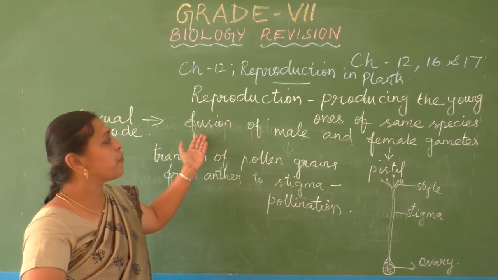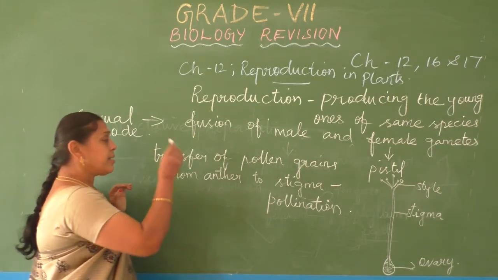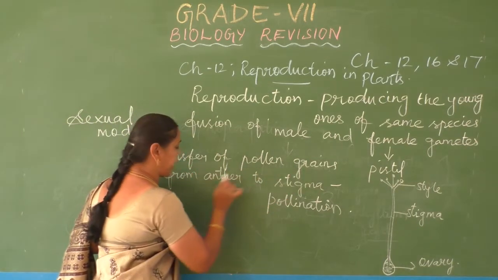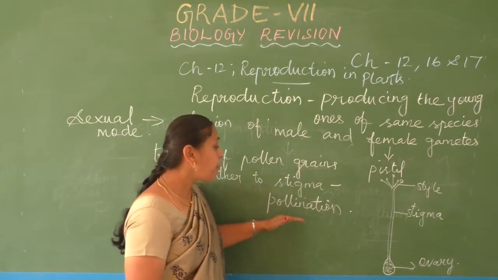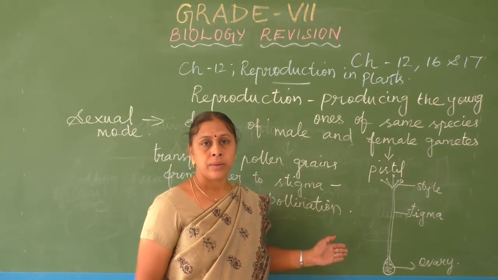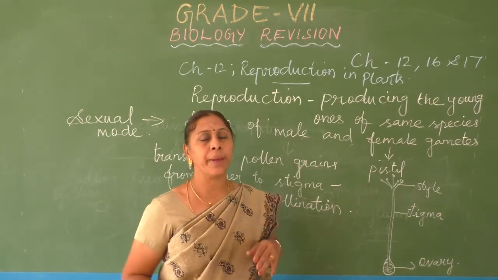Fertilization means nothing but the fusion of male and female gametes. And this transfer of pollen grains from anther to stigma is called pollination. Only if pollination takes place, fertilization will follow.